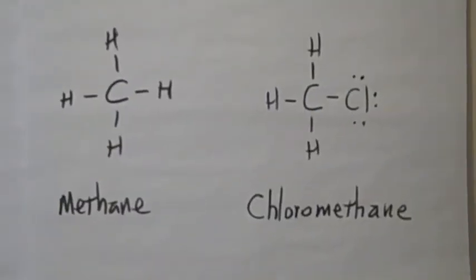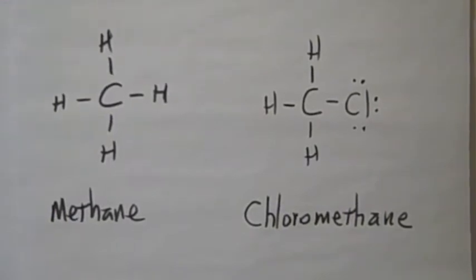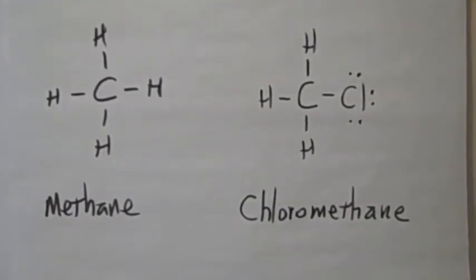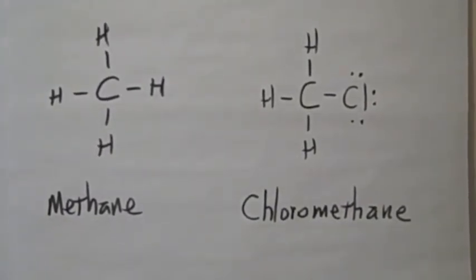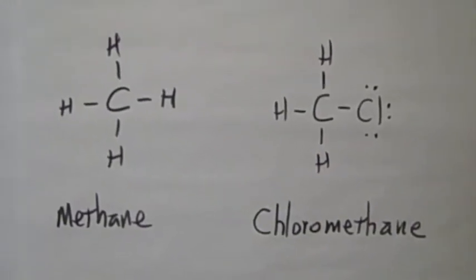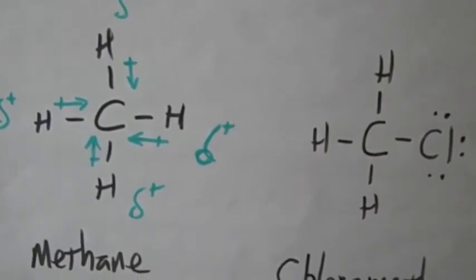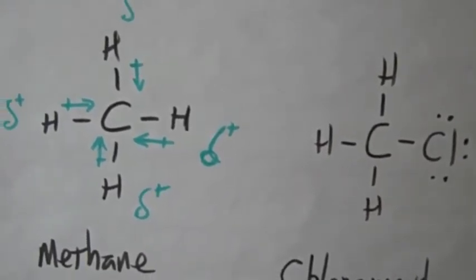Let's take a look at methane on the left and chloromethane on the right. Methane is CH4, chloromethane is CH3Cl, and you can see the lone pairs drawn around the chlorine. Now the carbon pulls the electrons from the bond a little bit toward it.